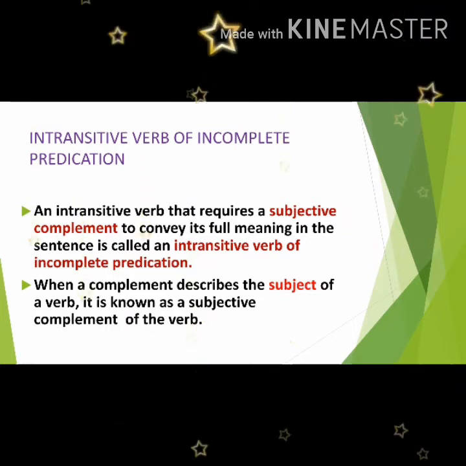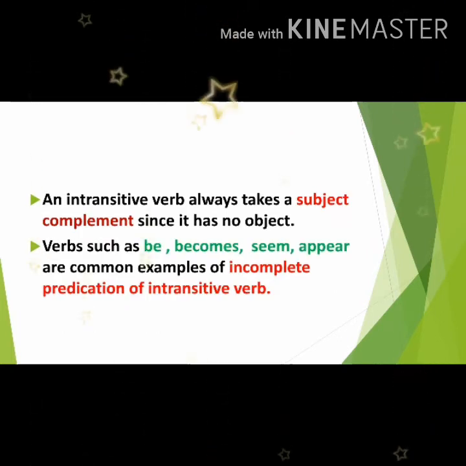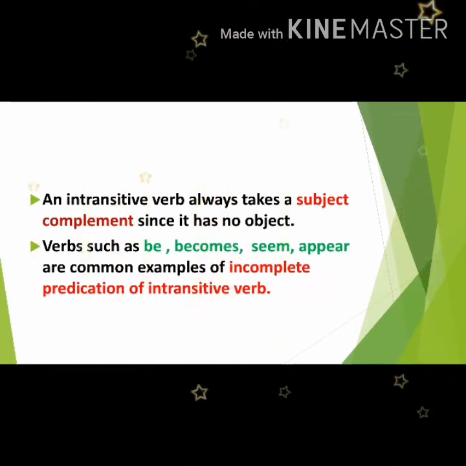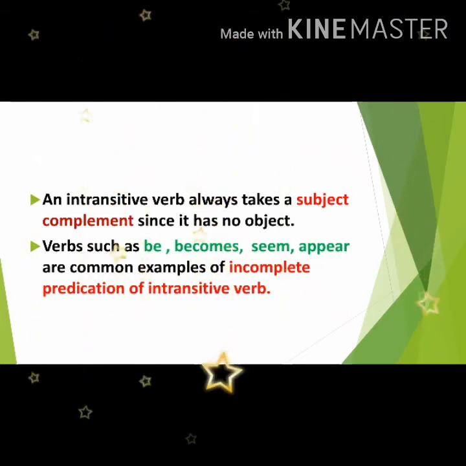When a complement describes the subject of a verb, it is known as a subjective complement of the verb. An intransitive verb always takes a subject complement since it has no object. Verbs such as be, become, seem, appear are common examples of the verbs of incomplete predication of intransitive verbs.